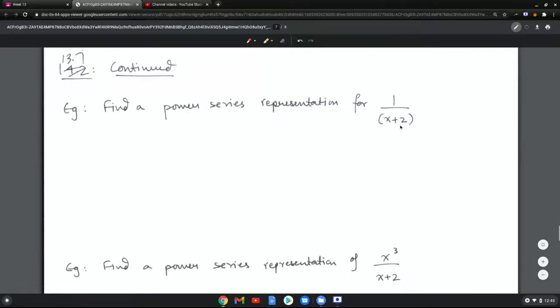Find a power series representation for 1 over x plus 2. What you can remember is 1 over 1 plus x is 1 minus x plus x squared minus x cubed, and so on.